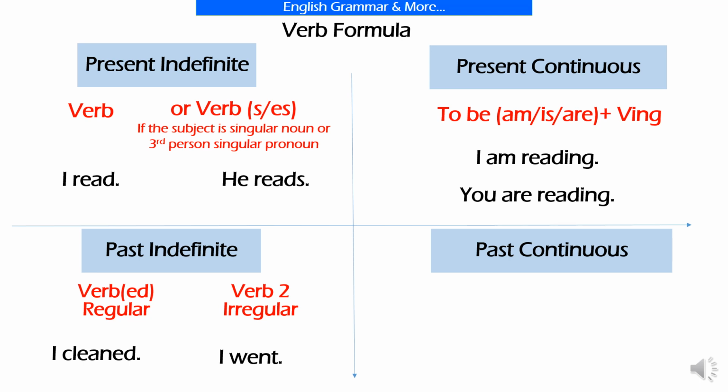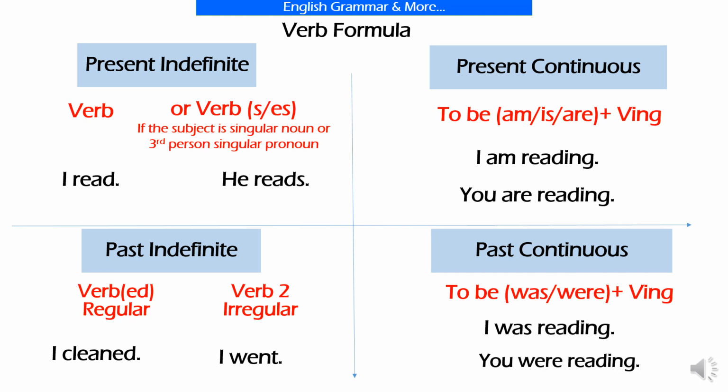Lastly, for the past continuous tense form, the verb formula we use is as follows. Once again, we use to be, but in the past tense, was, were, depending on the subject, and then we follow with the verb ing. For example, I was reading, you were reading.